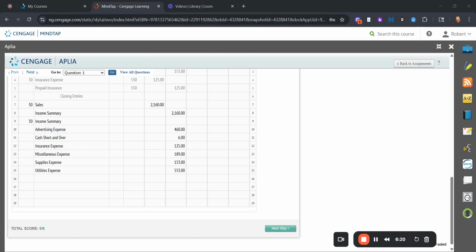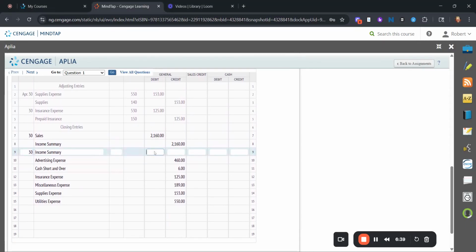So 1483. First, let me fix my typo. So those come to 1483 for the expenses. So now we're going to use that 1483 to put here in the debit column for that other income summary amount. Still maintain balance.